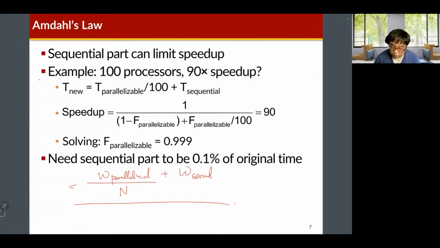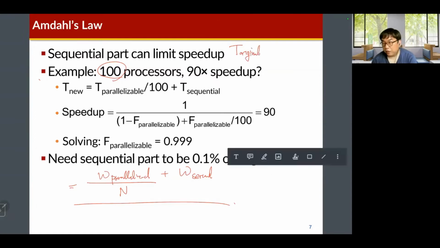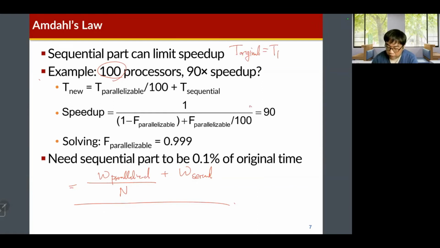Okay. So this is the example. Let us assume that a single CPU includes 100 cores, right? And T original, the execution time of the original workload, can be split into T parallelizable part plus T serial part, the sequential part.